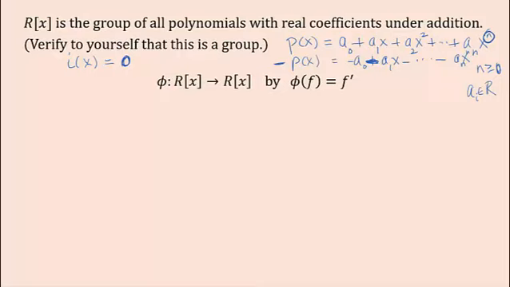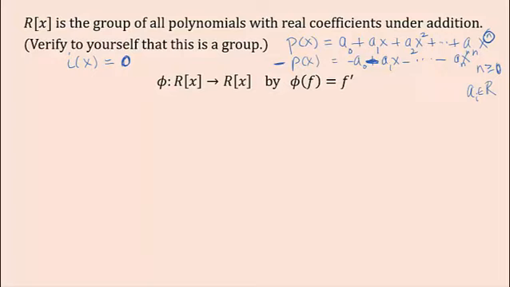And once you understand what the group is, let's look at this mapping, phi. Phi maps the group to itself by phi of f, some polynomial, is equal to the derivative of that polynomial. Well, you know that derivatives of polynomials are also polynomials, so this does make sense.